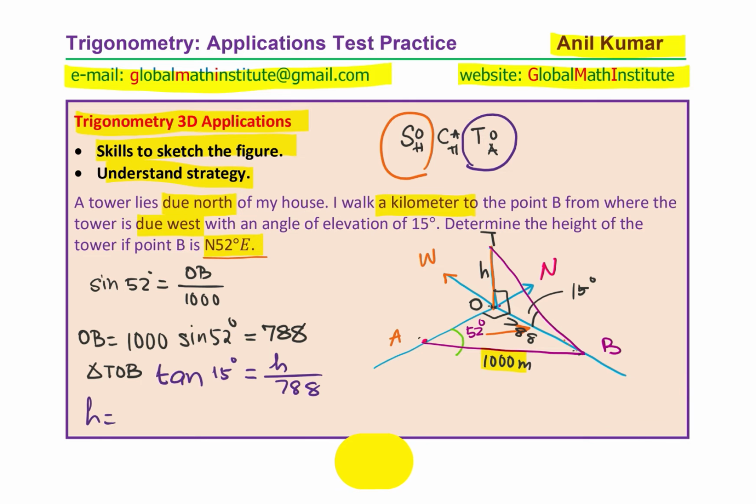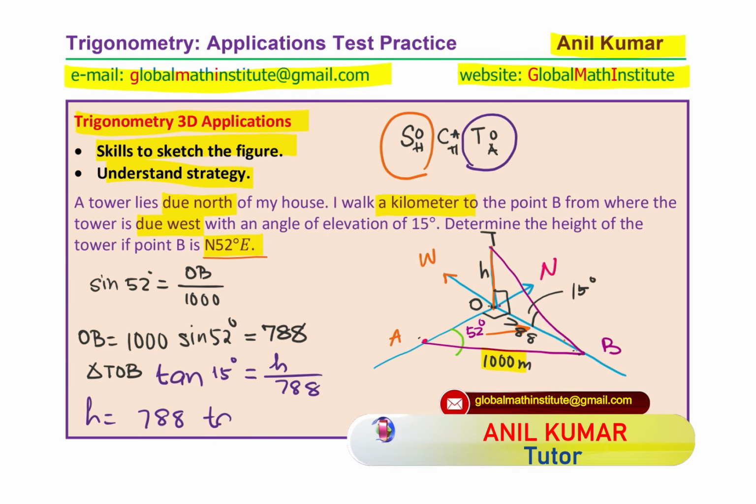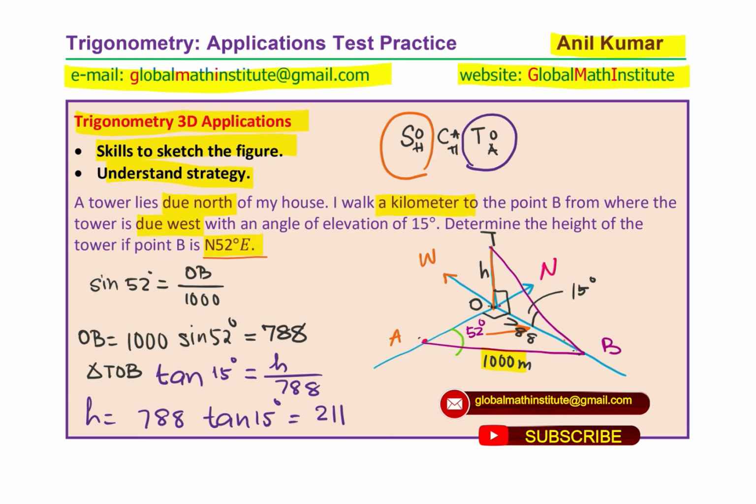So height is equal to 788 times tan of 15 degrees. Is that clear to you? In the calculator, I'll multiply this by tan of 15 degrees. So 788 times tan of 15 degrees gives me 211. So we get the height of the tower as 211 meters. Is that clear, right? So that becomes the answer, the height of the tower.